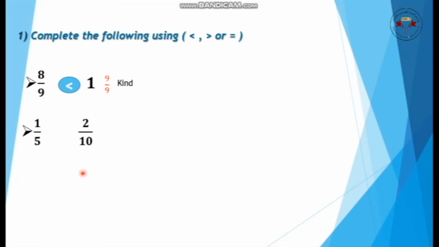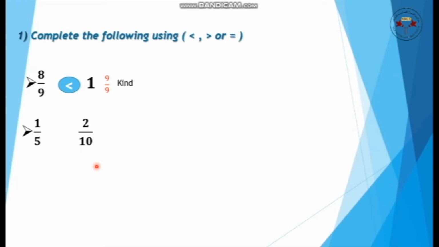Here we have 1 over 5 and 2 over 10. What will we do? Ask the fractions. Are you crazy? No. Are you kind? No. So what will I do? We said that this type is not the crazy type or not the kind type, and in the not crazy, not kind type, you've got to make a common denominator.